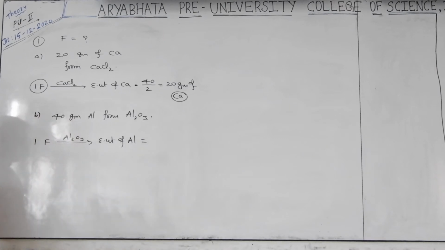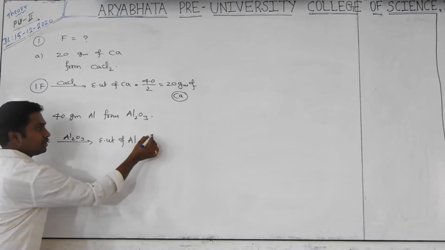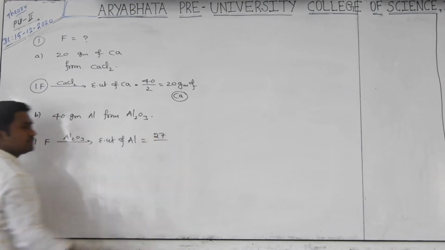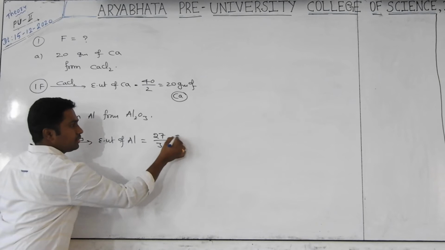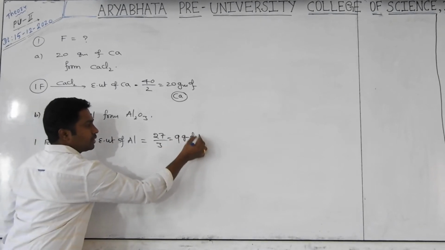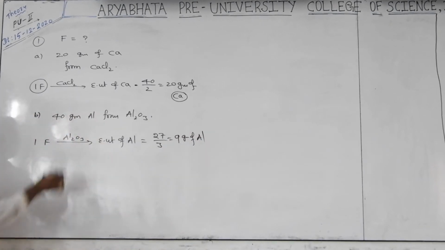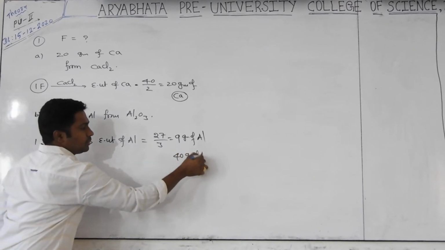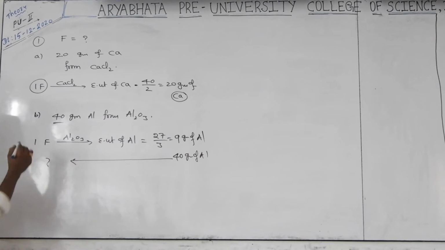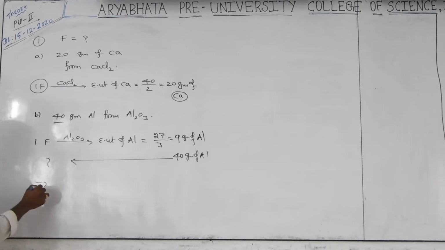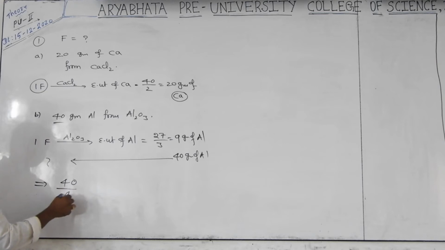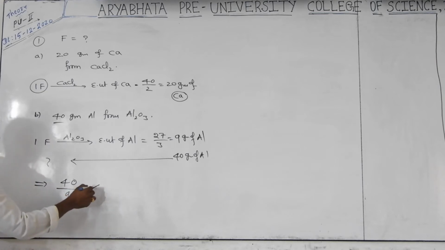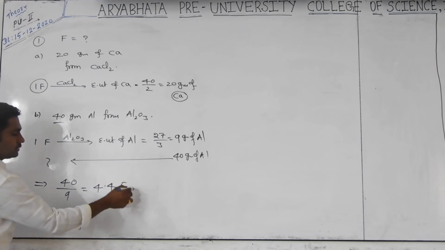Equivalent weight of aluminium means atomic weight of aluminium by valency: atomic number 13, double plus 1, 27, divided by valency 3, which is 9 grams of aluminium by sending 1 Faraday. But he wants 40 grams of aluminium, so how many Faradays must you send? Do cross multiplication: 40 by 9, nothing but 4.4 Faradays.